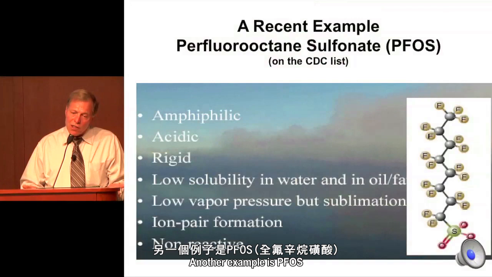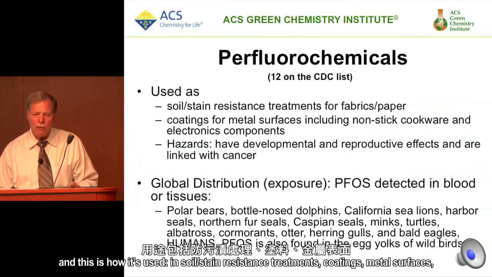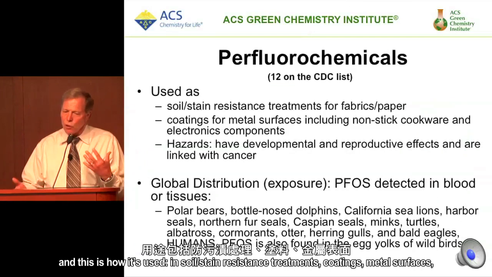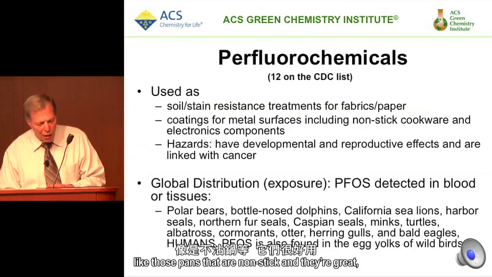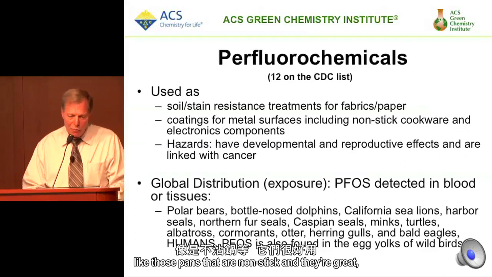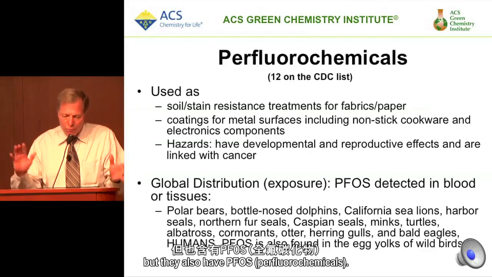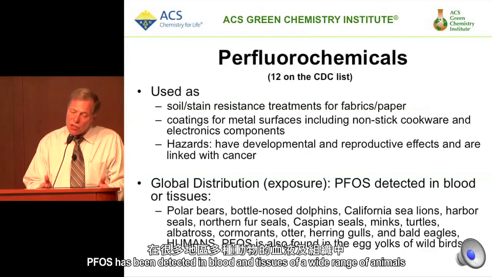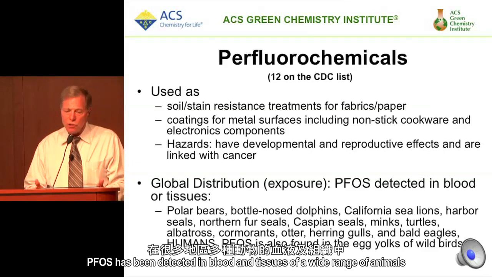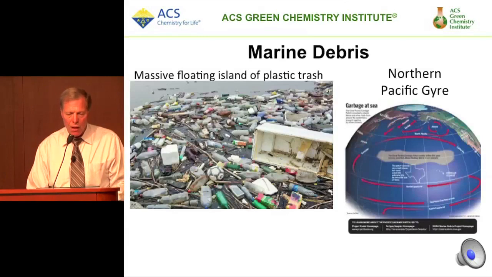Another example is PFAS, and this is how it's used: soil- and stain-resistant treatments, coatings, metal surfaces. We all have metal pans that are non-stick, and they're great, but they also have PFAS, or perfluorochemicals, in them. PFAS has been detected in the blood and tissues of a wide range of animals in a wide range of locations.